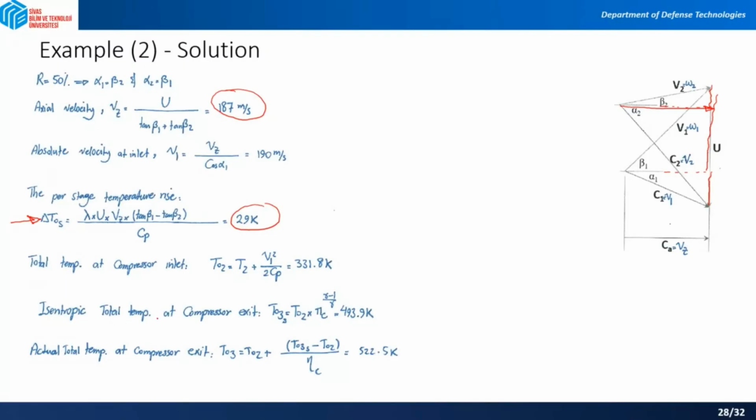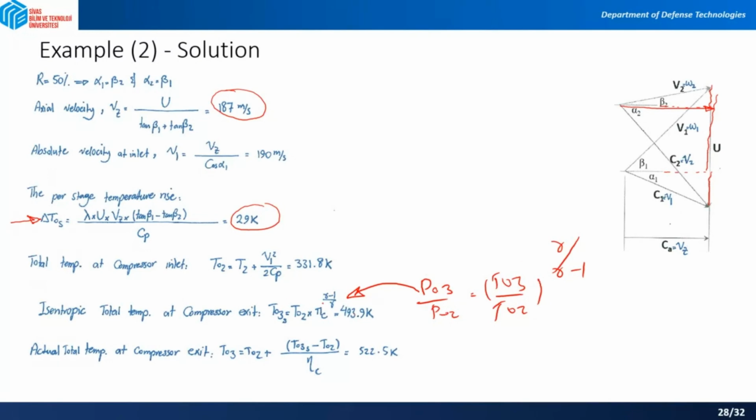The isentropic total temperature at compressor exit: we know that you have a relation between P03 and P02, which is (T03/T02) to the power gamma over gamma minus 1. So this is actually obtained from this.